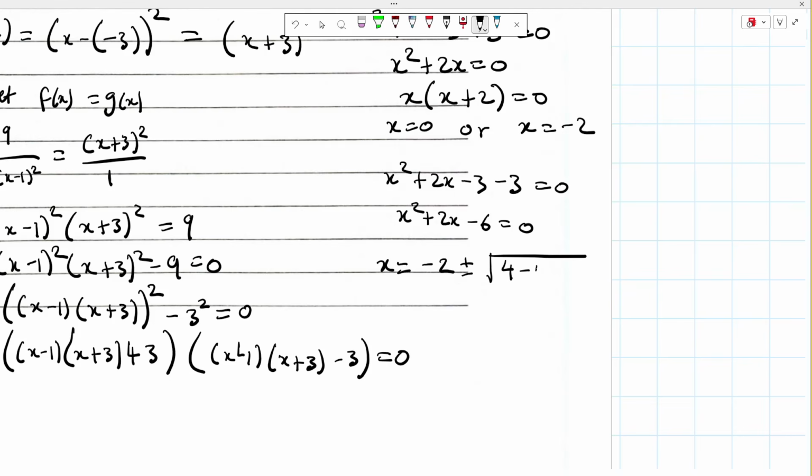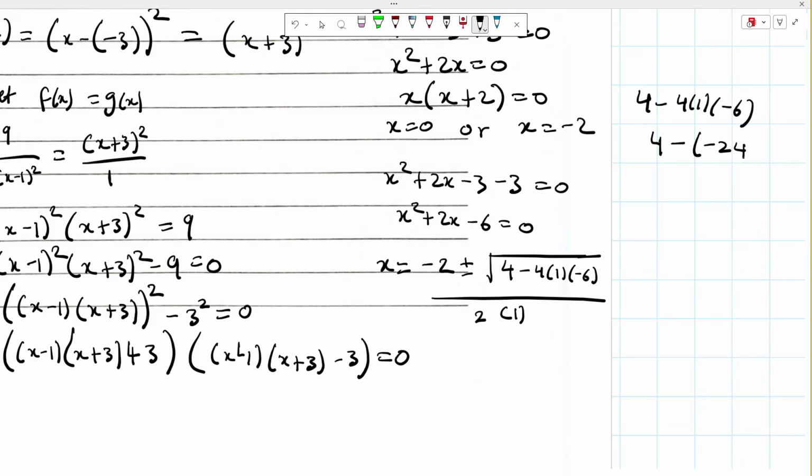Minus 4 times a, which is 1, times c, which is -6. All divided by 2 times a, which is 1. Now, we have 4 minus 4 times 1 times -6. What's 4 times -6? That's going to be -24. So you just get 4 plus 24, that's actually 28. So -2 plus or minus root 28 over 2.